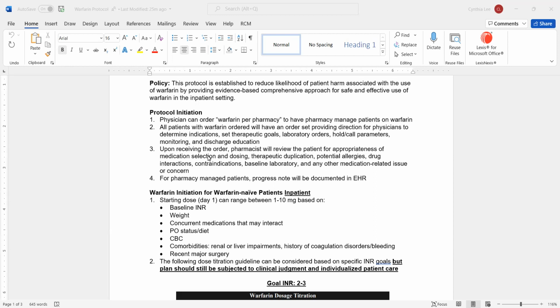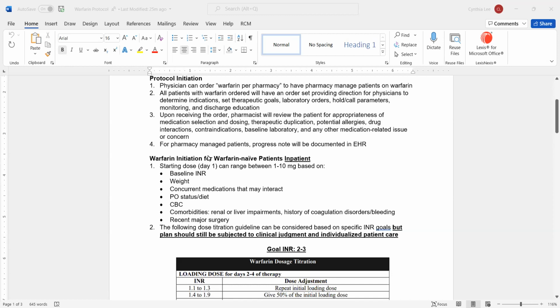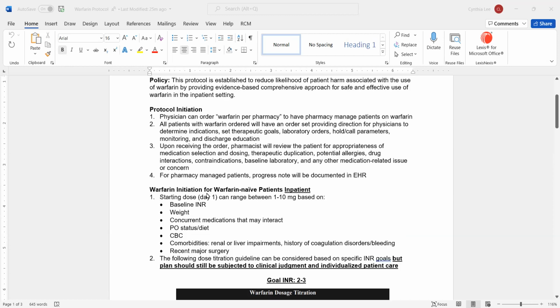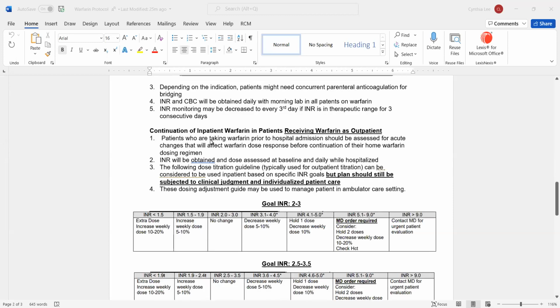And then in this protocol, I break it down for patients being initiated the first time, for an indication, for example. And then the next section is for those patients who got admitted to the hospital and have been receiving warfarin at home, right? And they're just continuing or resuming the warfarin in the hospital.